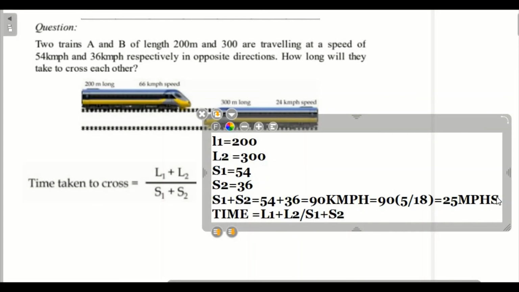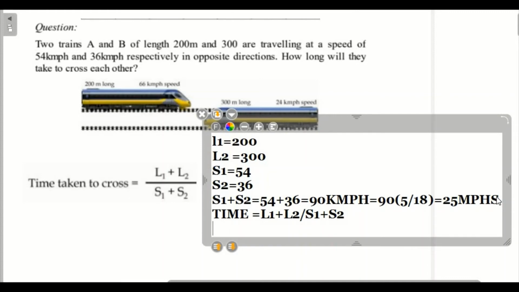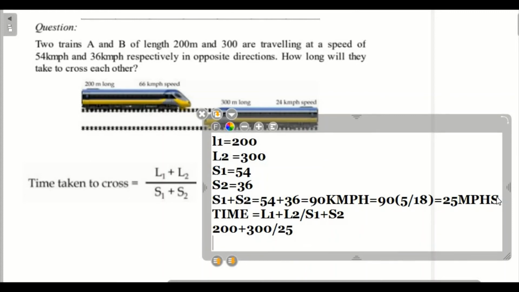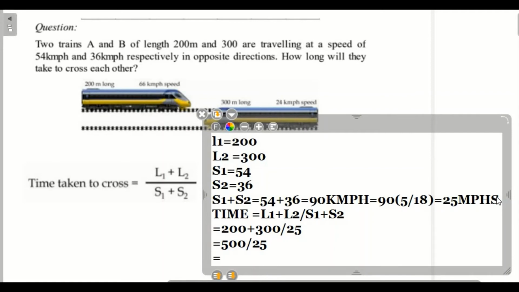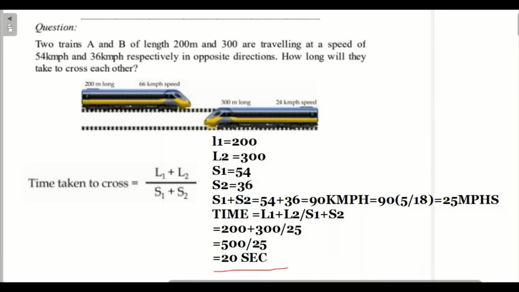We got the value for S1 plus S2, so that is 200 plus 300 divided by 25. Our value will be 500 divided by 25, that is 20 seconds. So while you are calculating, just use the shortcut formula I have provided. It is easy and convenient for clearing the sums.